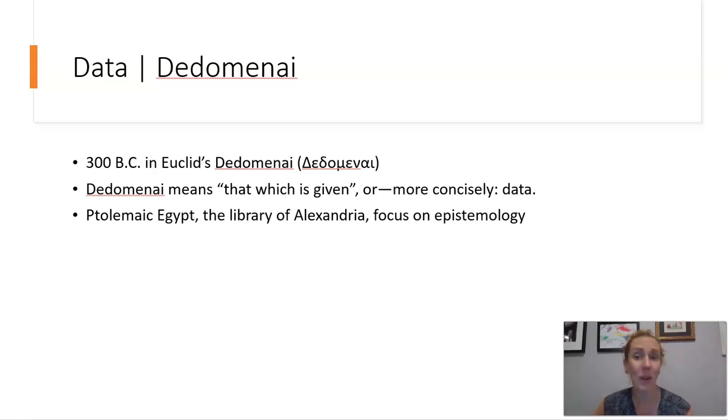Somebody who speaks Greek probably knows how to say this better than I do, but Data Menai, which translates literally to that which is given, that which is assumed before the fact. The thing which we do not interrogate, we just take to be some sort of truth. Whether that's a real truth or a pretend truth is neither here nor there.